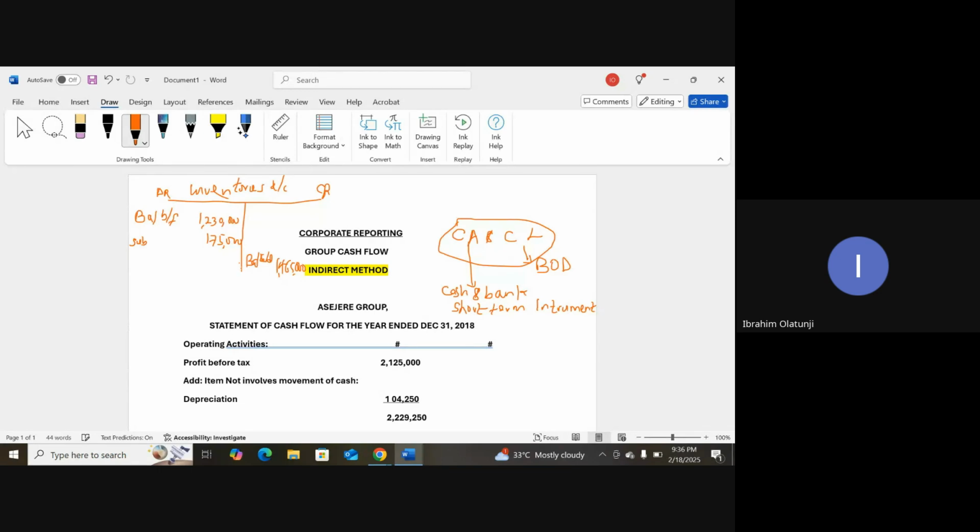Then you now add. You add, then you subtract so that we look for the difference. You add this side and let's see which one is the highest and which one is the lowest. Figure me, please. 1,405,000 for debit side.